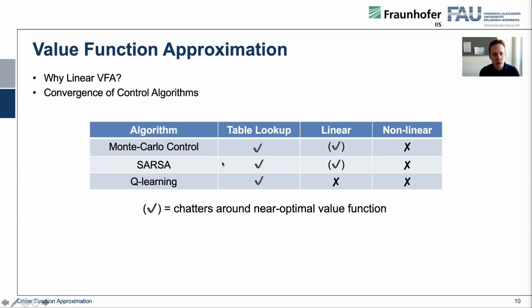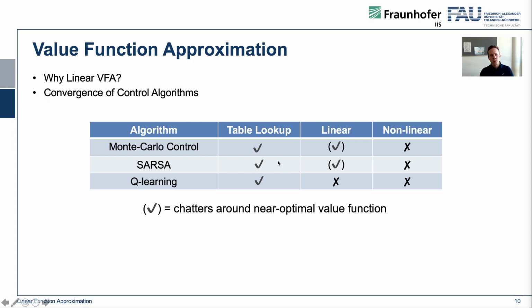And there are proofs that prove the convergence of Monte Carlo, Sarsa and Q-learning, all for the tabular representation of your state space. And you can also derive proofs that guarantee that Monte Carlo control and Sarsa are also converging in the linear function approximation case, not quite getting to the optimum, but chattering around the optimum, because you are approximating something and you introduce an error through the function approximation, which leads to chattering around the near-optimal value function with always some small error.